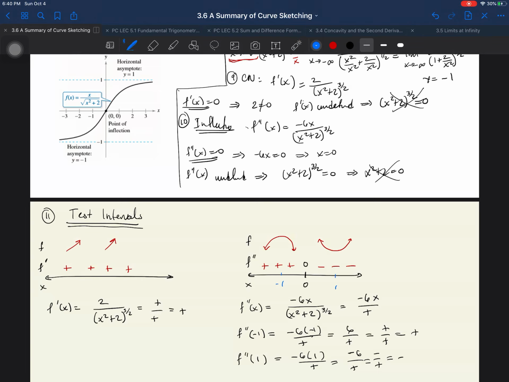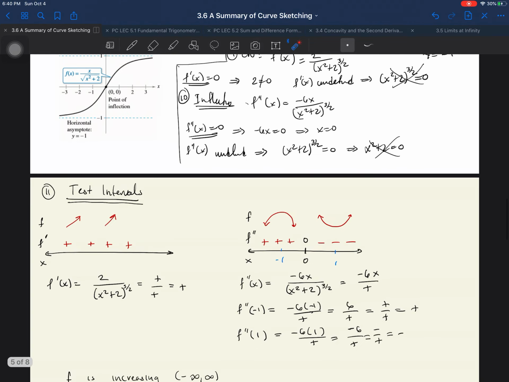We realize that the bottom part is always going to be positive, so basically all we have to do is test the top part. When plugging in -1, we get -1 times a negative, which becomes positive. So positive over positive is positive. When plugging in 1, we get -6 times 1, which is negative. Negative over positive is negative. So positive, positive, negative, negative.